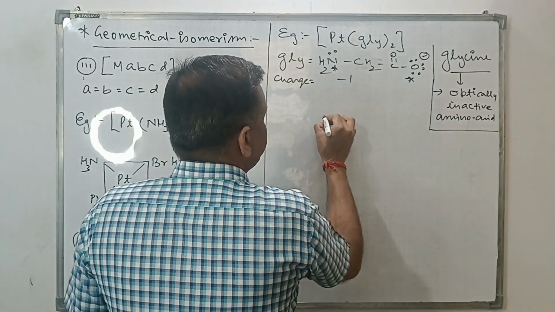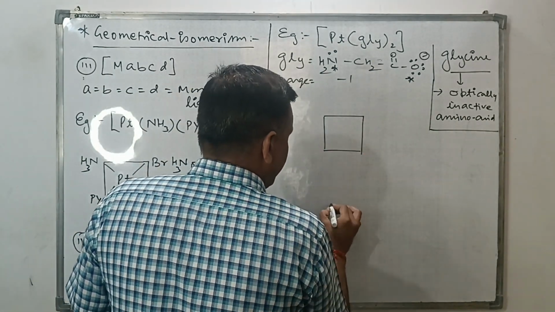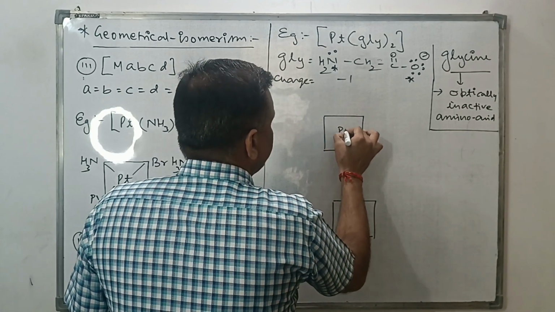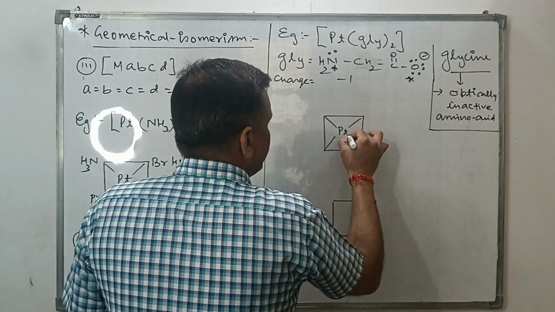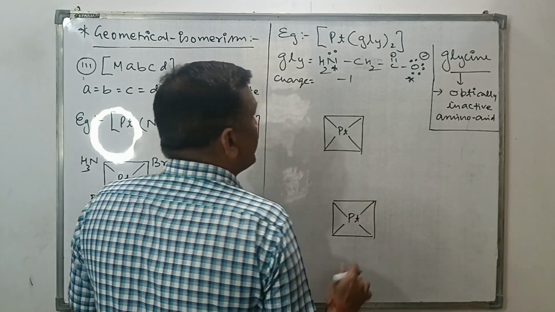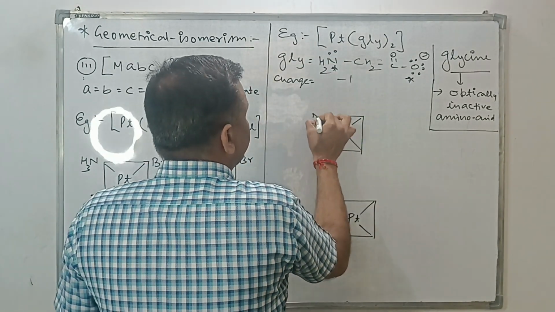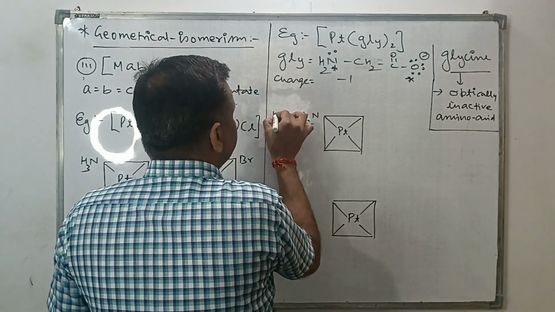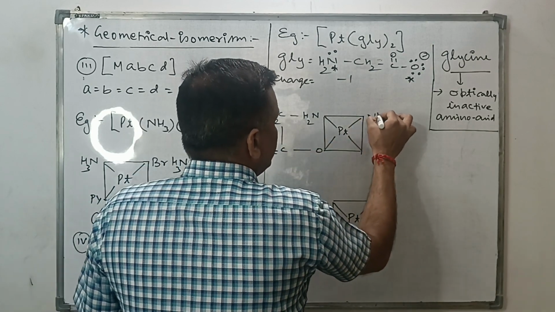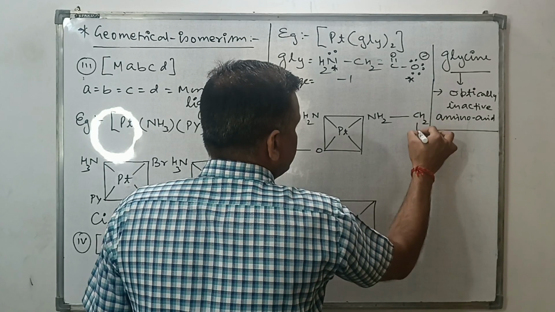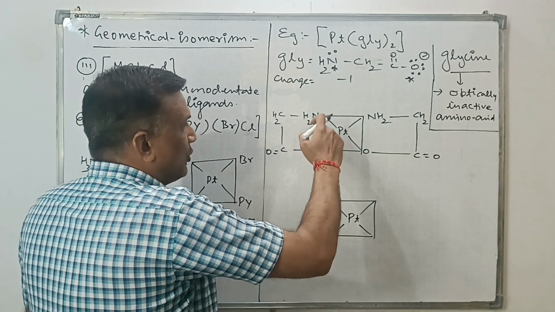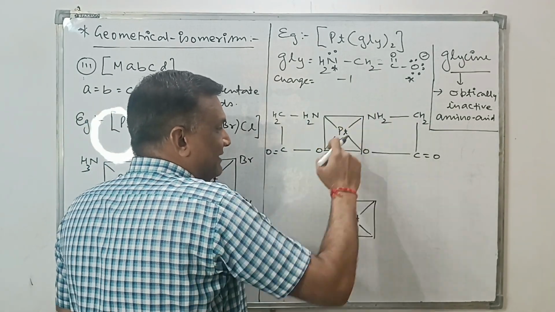This is your Pt. You can see this is the square planar geometry. This is also square planar geometry. This is the Pt. Donor atoms NH2CH2, this is COO, NH2CH2, CO, and this is the O. You can see the same donor atoms are at the angle of 90 degree.